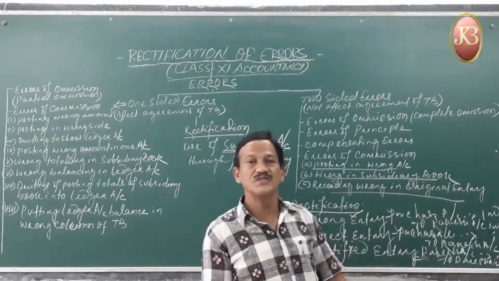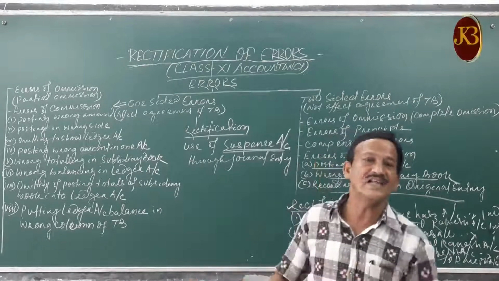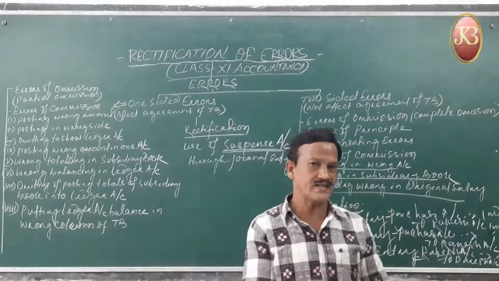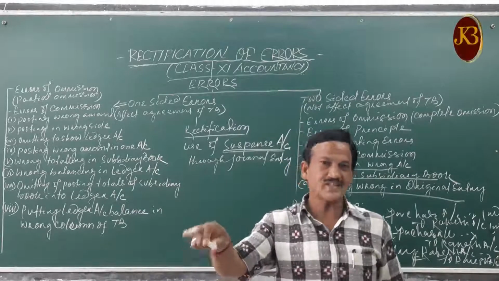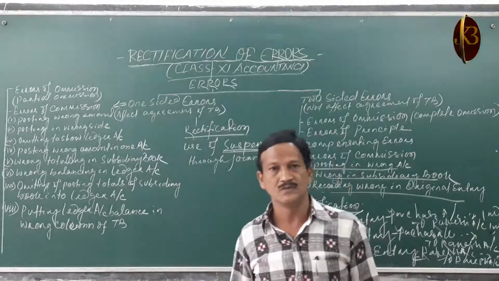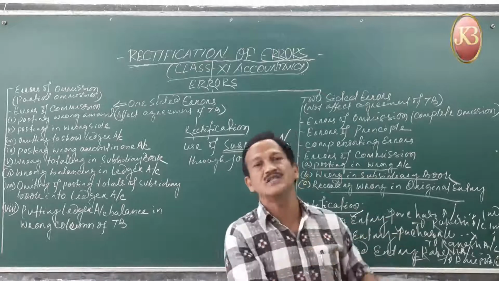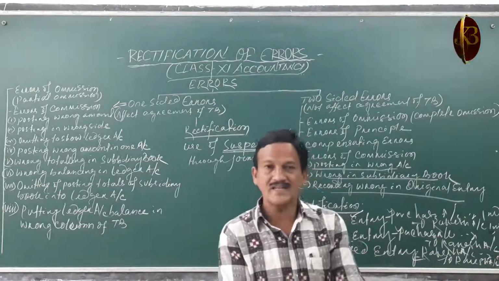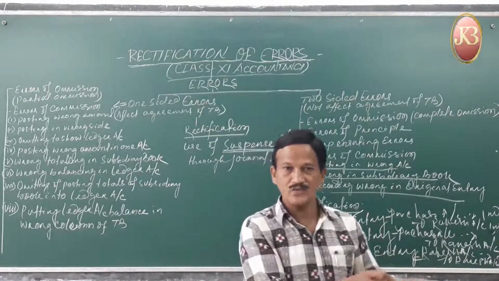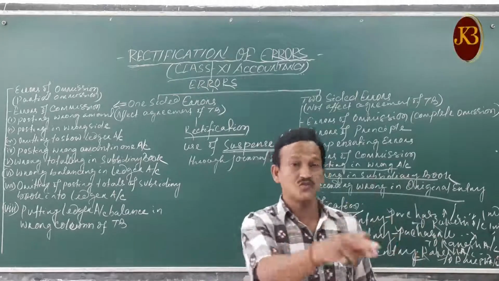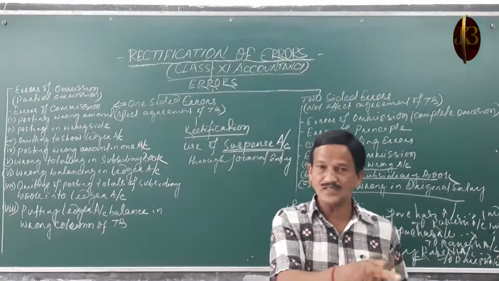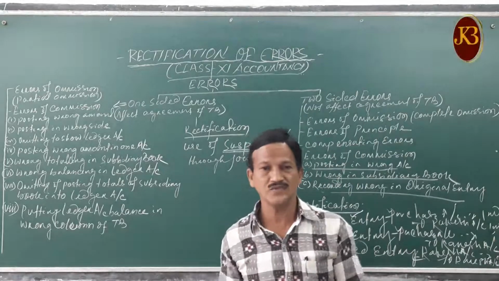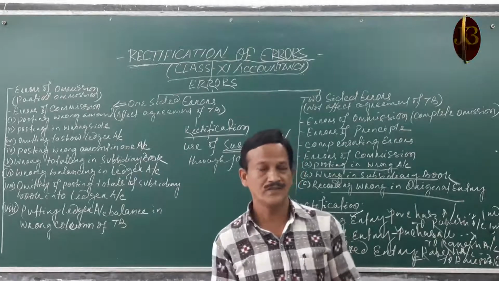Then wrong entry in subsidiary book. Purchase of goods rupees 1000 entered in the sales day book, treated as sales. So the wrong entry is debtors account debited to sales account. Correct entry is purchase account debited to creditors account. So make it correct. Rectifying entry: purchase account debited, sales account debited because sales is to be cancelled, to the personal account of the individual person concerned, debtor or creditor.